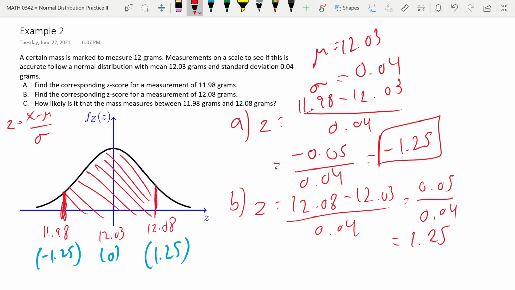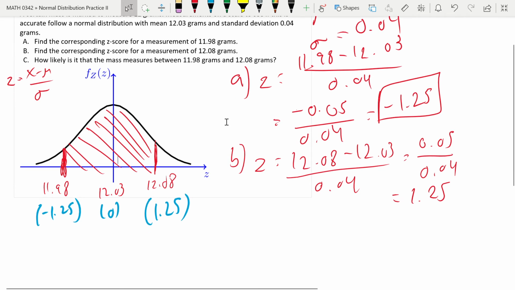So that's one of our in-between areas that we saw last time. And so we'll have to use the same strategy here. If you recall, the way we get this in-between area, we look at the boundaries. We look at the area to the left that corresponds for the higher value, and then take away the value that corresponds for the lower value.